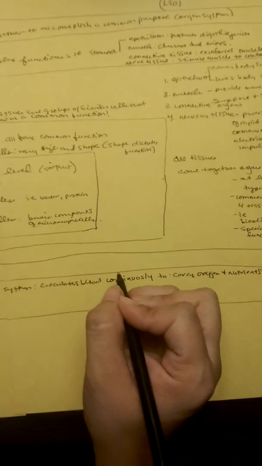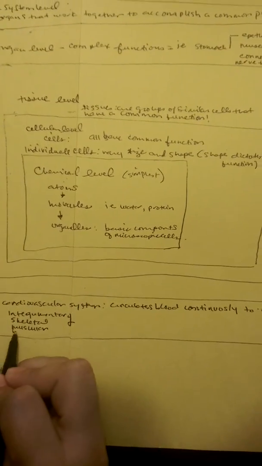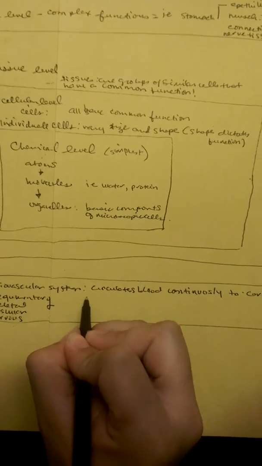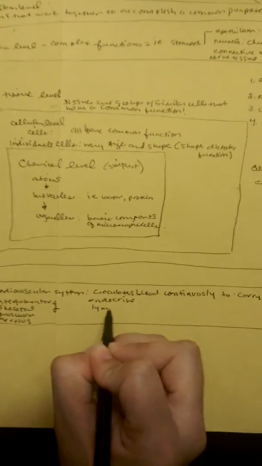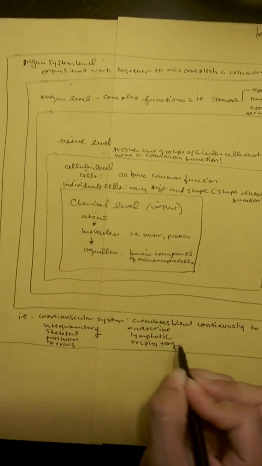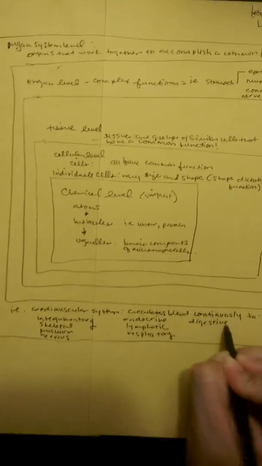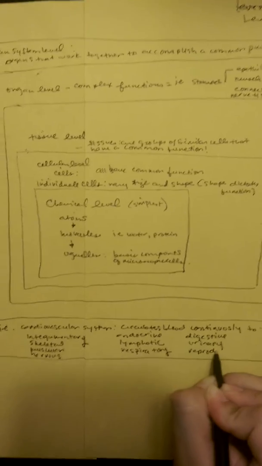And we have other systems. We have the integumentary, the skeletal, the muscular, the nervous, the endocrine, the lymphatic, the respiratory, the digestive, the urinary, and the reproductive system.